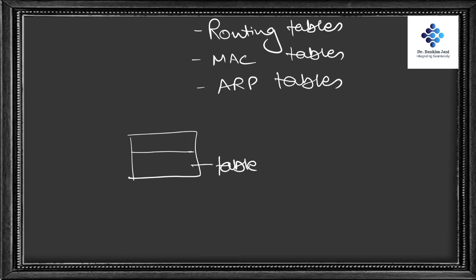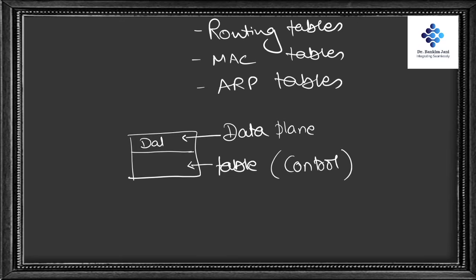ARP is utilized for IP to MAC when needed. But the tables which are getting prepared, that is what is called the control plane. And using those tables, the decision taken to forward the data is called the data plane. Right? So we have a data plane and we have the control plane.